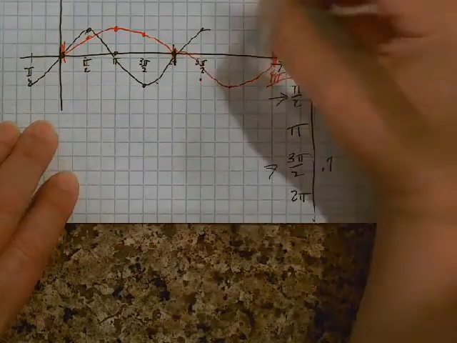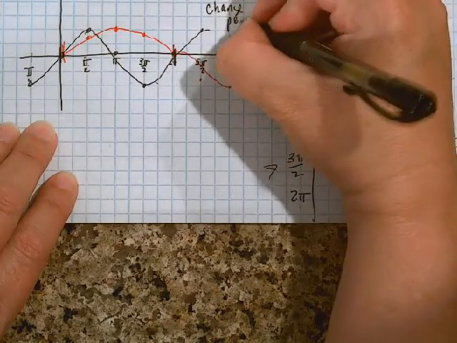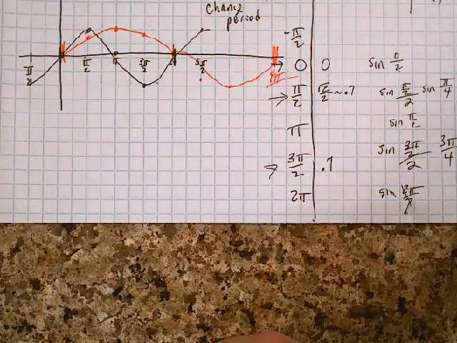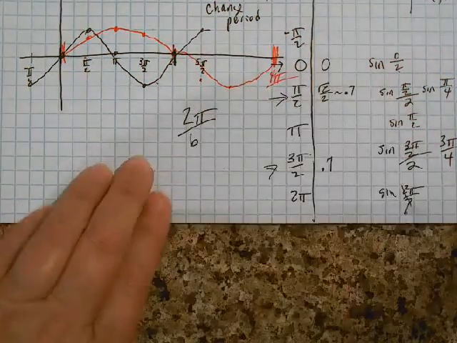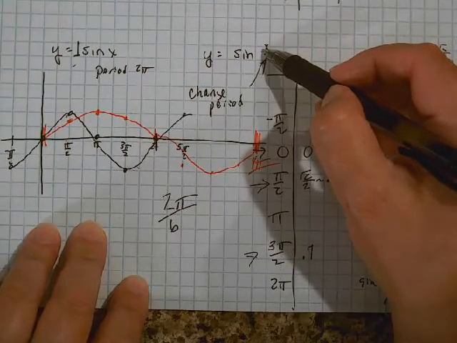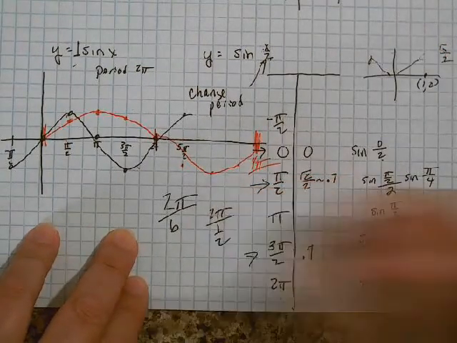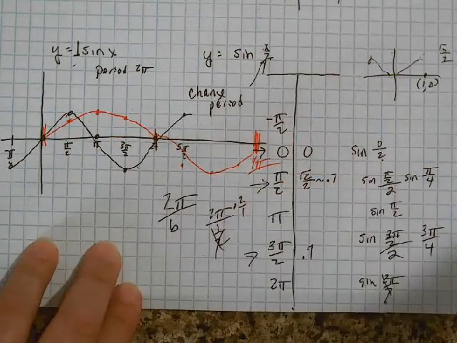So putting a number here is going to change the period. And the way that you can find the period is by using the formula 2 pi over b. So in this case, our b would be 1/2. So when I do 2 pi over 1/2, you flip and multiply, it would be 4 pi.